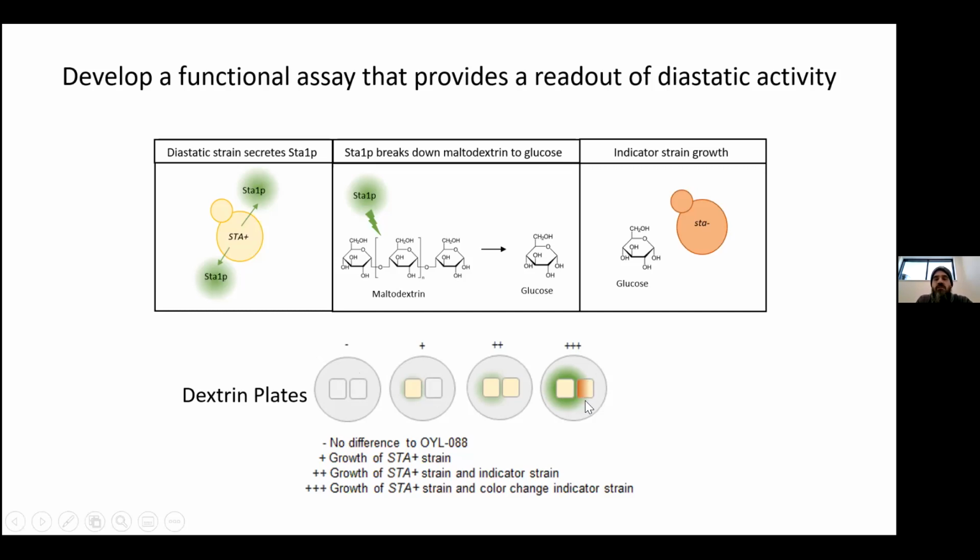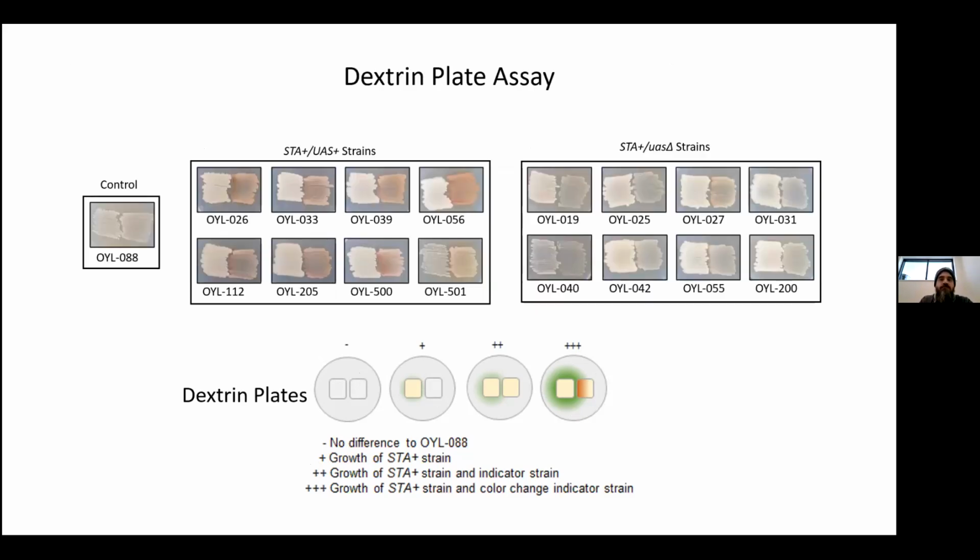You can see this by a pink patch growing up, which is an indication that it's being fed by the diastaticus strain next to it. So the more diastatic you are, the more red cell growth you get from the cross-feeding. And that's in fact what you see.